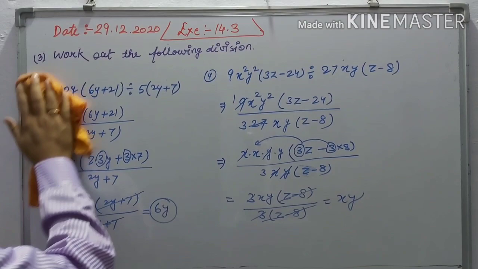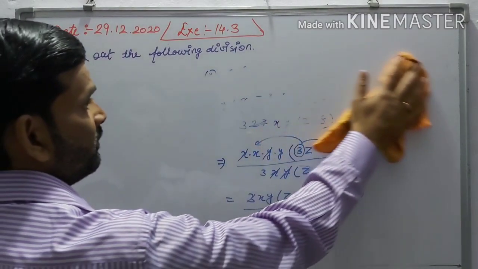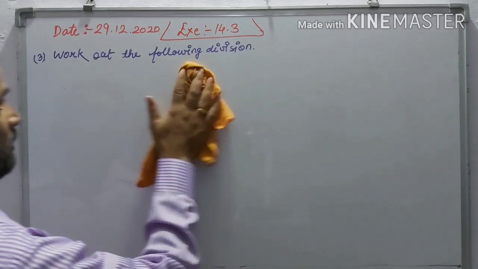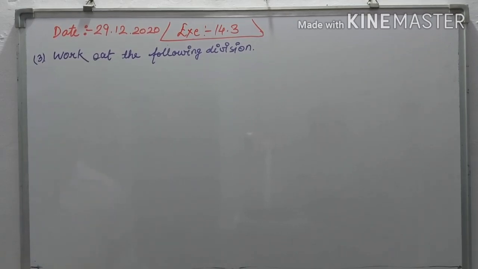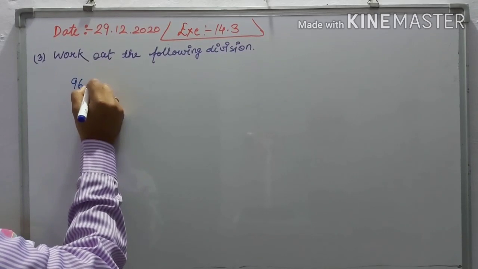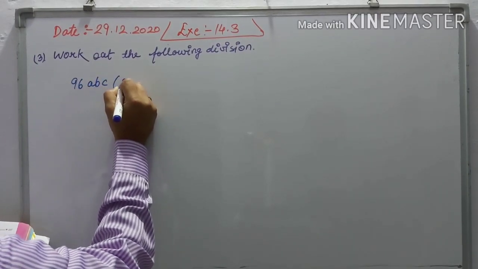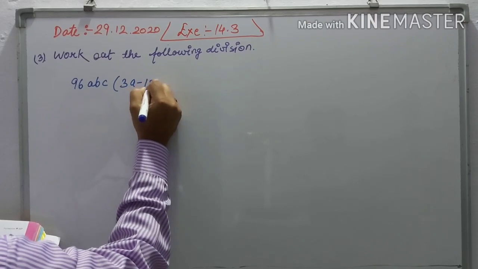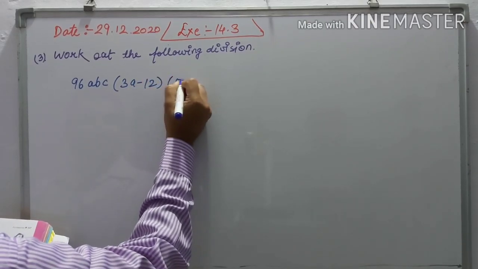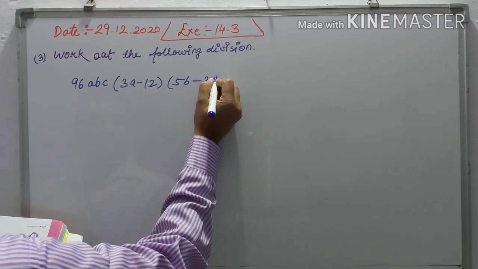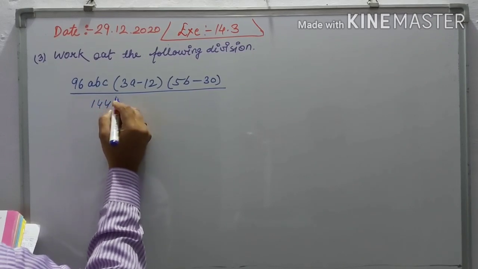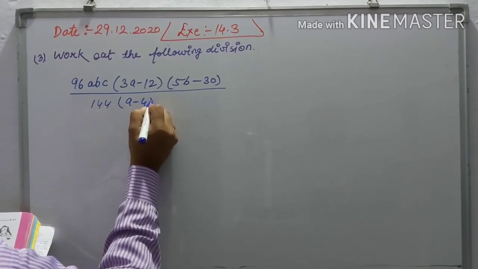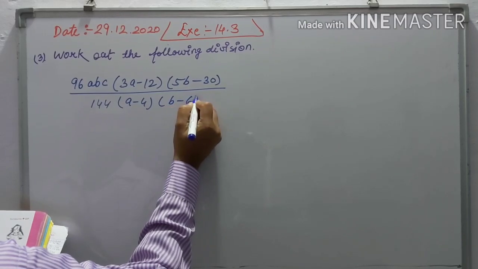Now the next question is question number 5, which is solved similarly. The question is 96abc, in the bracket 3a minus 12 and 5b minus 30, divided by 144, in the bracket a minus 4 and b minus 6.